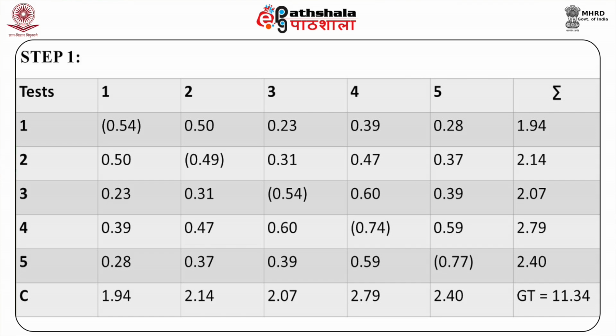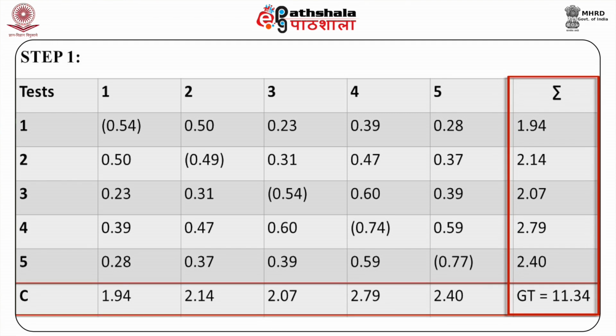For test 4, 0.39 plus 0.47 plus 0.60 plus 0.74 plus 0.59 is equal to 2.79. 0.28 plus 0.37 plus 0.39 plus 0.59 plus 0.77 is 2.40 for test 5.